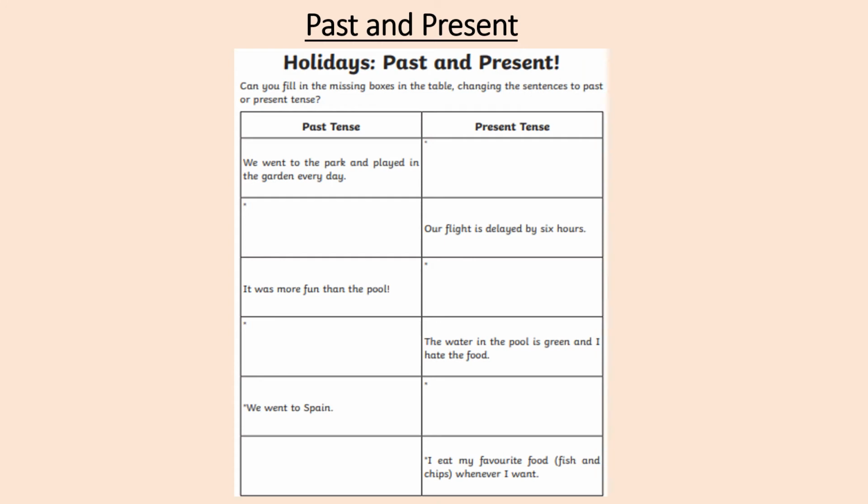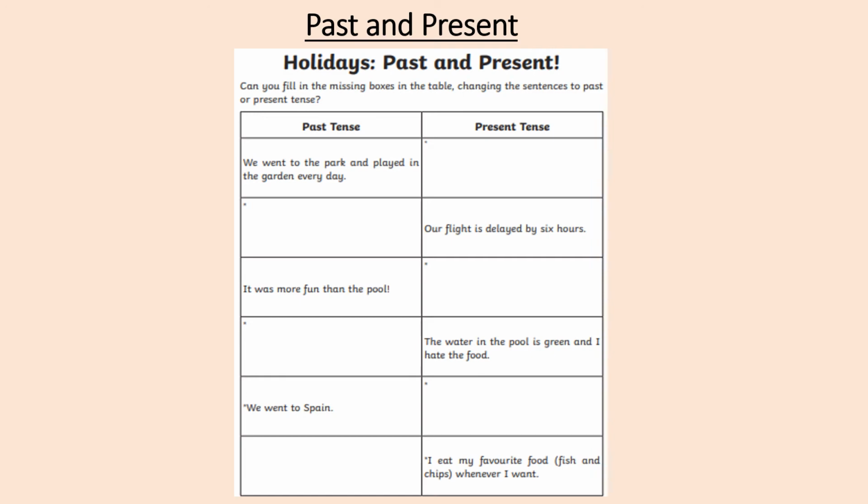Then the next sentence is, it was more fun than the pool. I wonder what present tense you could write in your sentence. The water in the pool is green and I hate food. Okay, so if you've already seen the water in the pool, okay, how can you change that sentence?